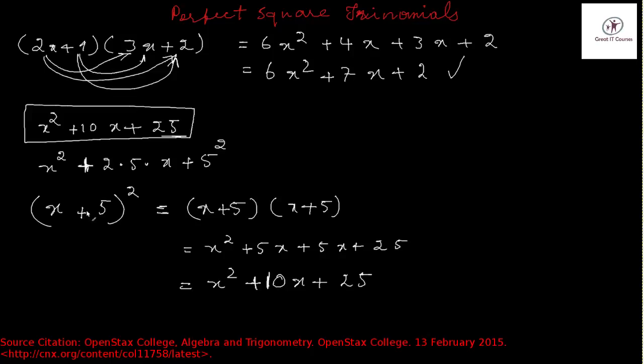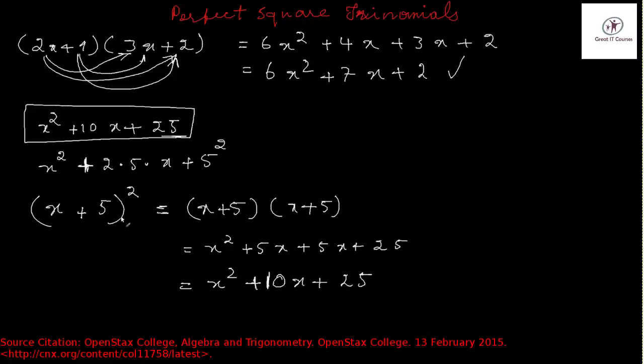So there are a few of these, let's call them formulas or rules or whatever you want to call them. There are a few of these that can help you with algebra, and you don't have to do anything manually.